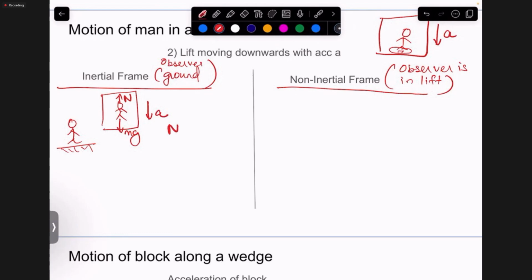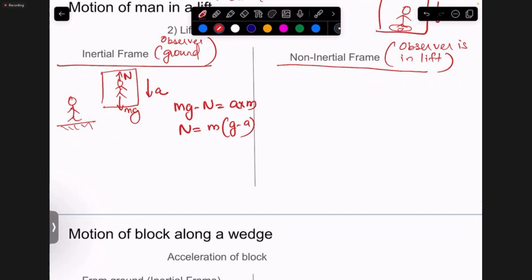So mg minus N equals ma, because a and mg have the same direction, right? So N equals m times (g minus a) for this person on an inertial frame.